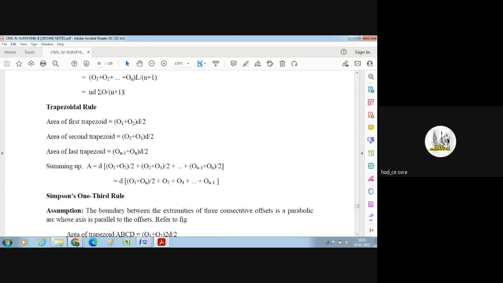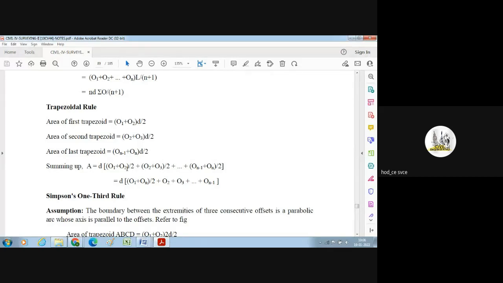And the trapezoidal rule, right? See here, area for the first trapezium, area for the second trapezium, up to the area for the last trapezium. Observe the formula: D is the same distance provided for each and every division.